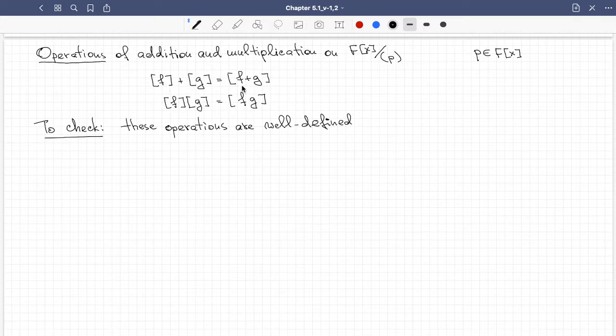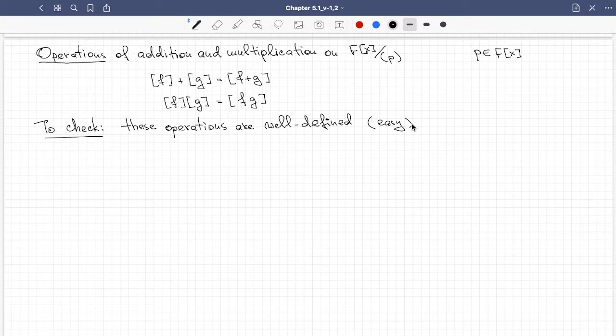With two different representatives, the sum should still be a representative of the same class. Otherwise, the formula makes little to no sense. It is easy to check that the operations are well defined and the procedure is exactly the same as we did for integers.